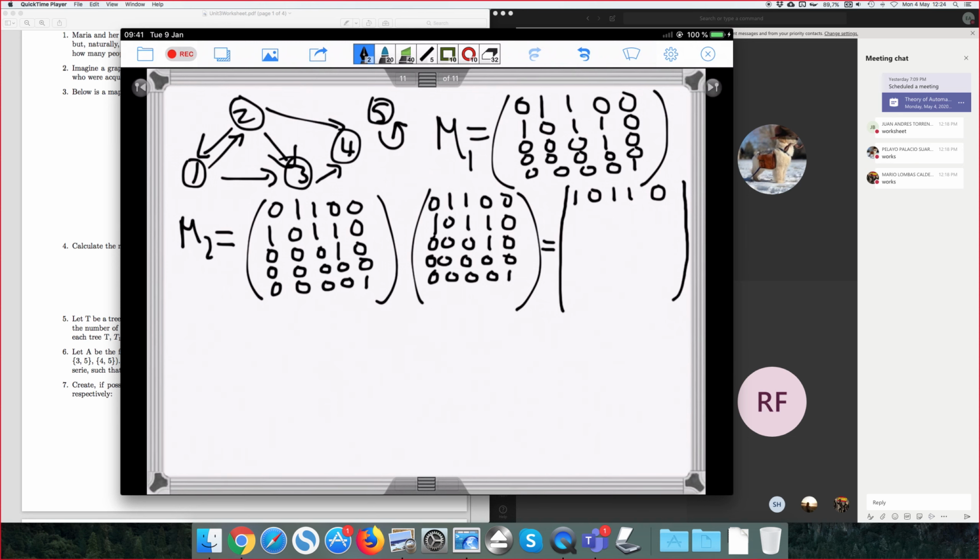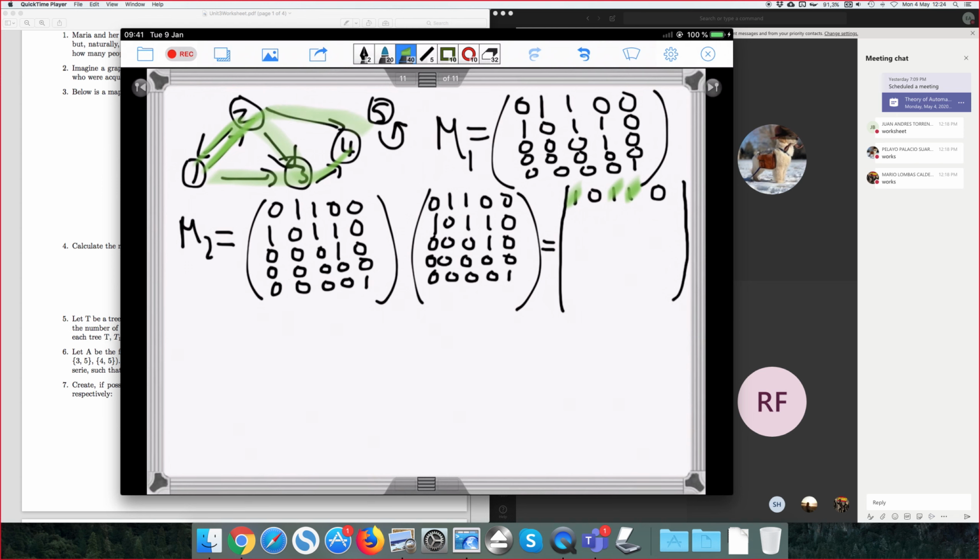Let's see if that is correct in the graph, and we see here that from 1 we can go to 2 and back, with a path of length 2. So this is what we have obtained here, this 1. We can also go from 1 to 2, then to 3. So this is why we have a 1 here. We can go from 1 to 3 and then to 4. This is why we have a 1 here. And in fact, we can also go from 1 to 2 and then to 4.